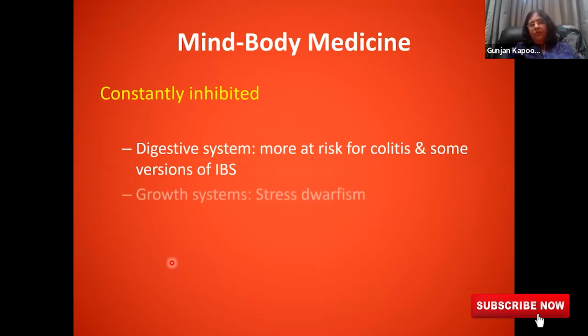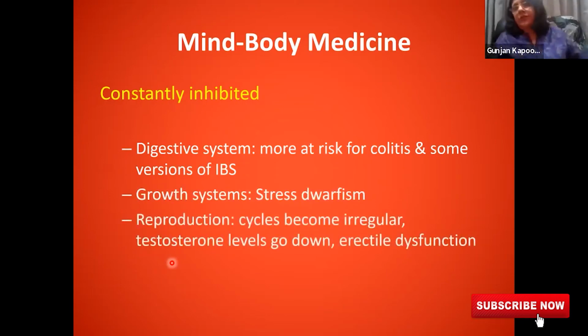Similarly, your growth is stunted, and these days we are seeing a lot of young people coming to us with infertility because constant stress affects their reproductive system. They have irregular menstrual cycles, or their testosterone levels are low, and the moment you make them work on their stress levels, suddenly the couple conceive, and they are able to have babies.